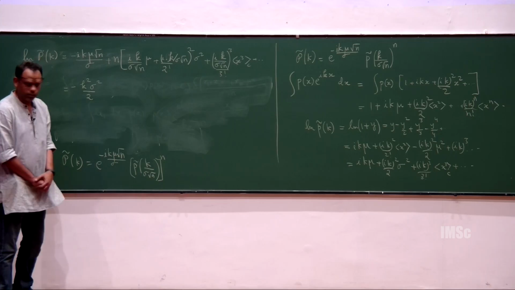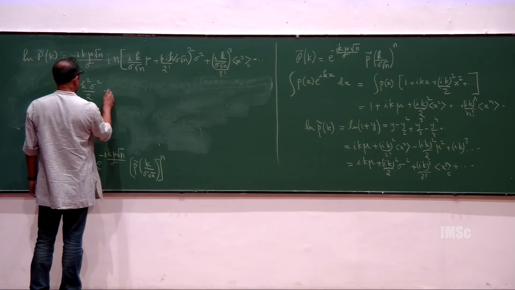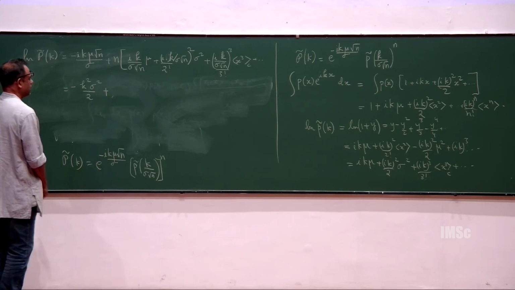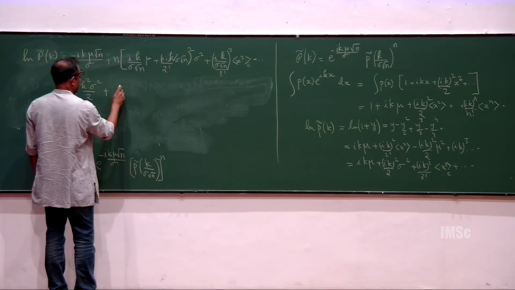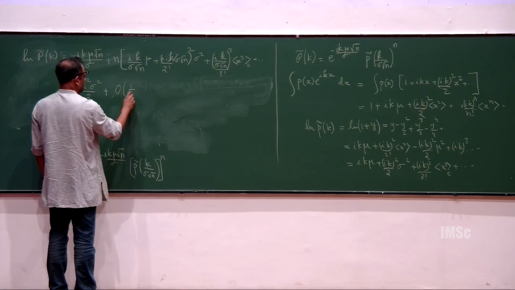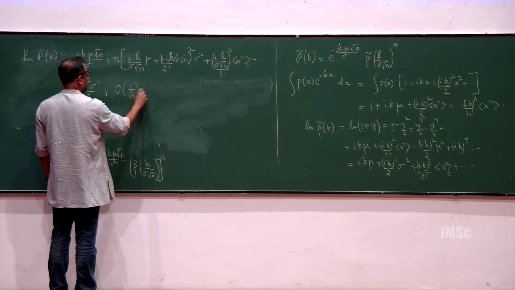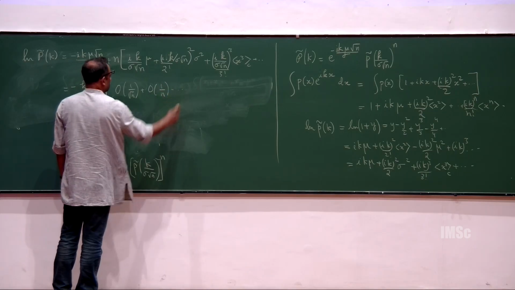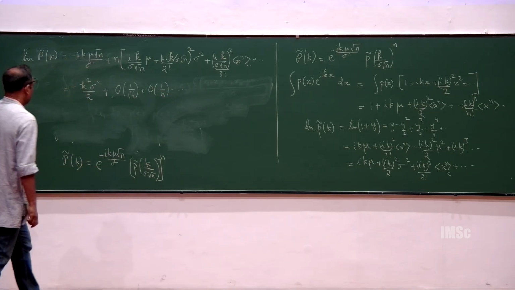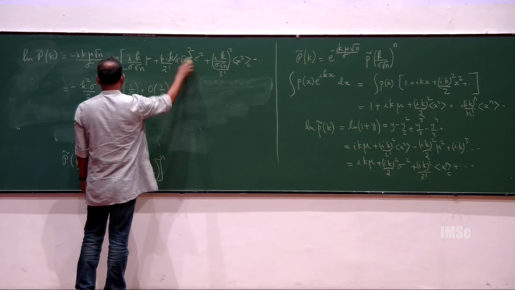I didn't like that sigma square. Okay, we'll figure that out. Plus, the next term has 1 by n to the power 3 by 2. So it is order 1 by root n. The next one is order 1 by n and so on. k square by sigma square into sigma square, sorry.